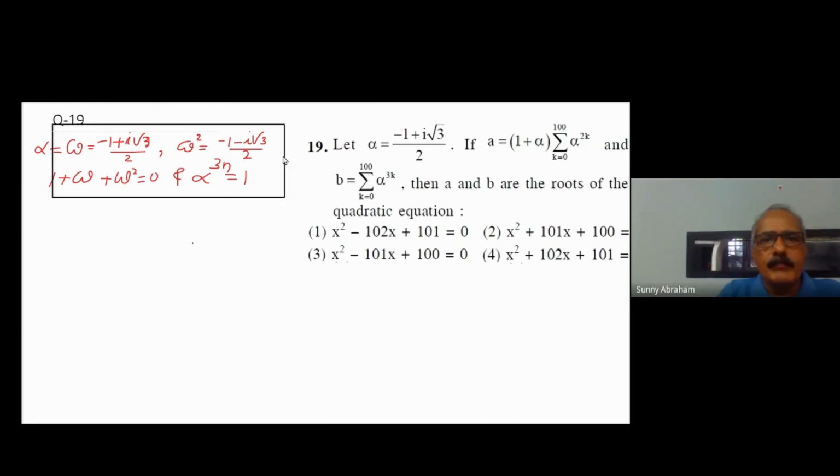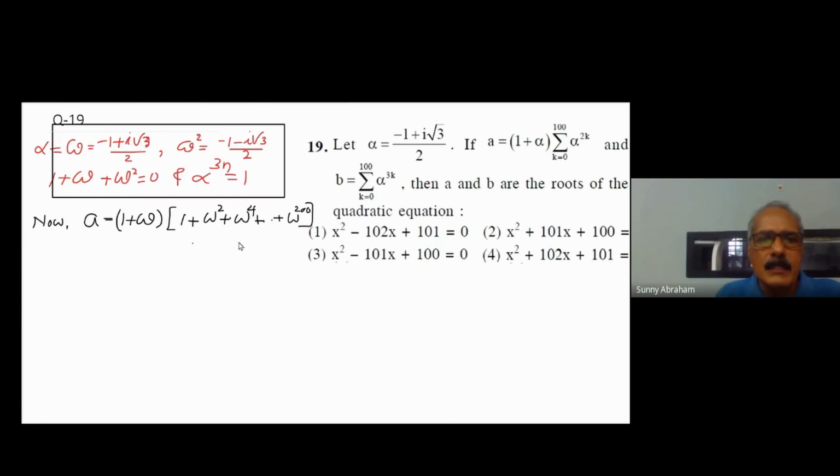Now, A is equal to 1 plus alpha, means (1 + omega) into sigma k is equal to 0 to 100. Put k is equal to 0, 1, 2, 3 up to 100. It will become alpha raised to 0 plus alpha raised to 2, means omega square, plus omega raised to 4, etc., plus omega raised to 200.